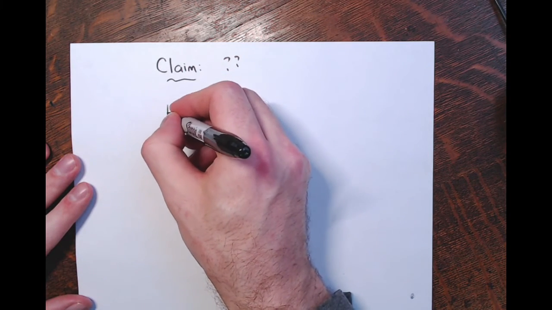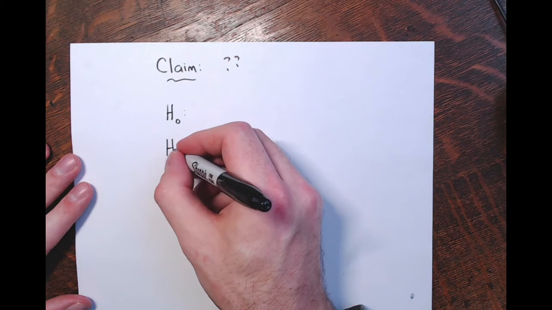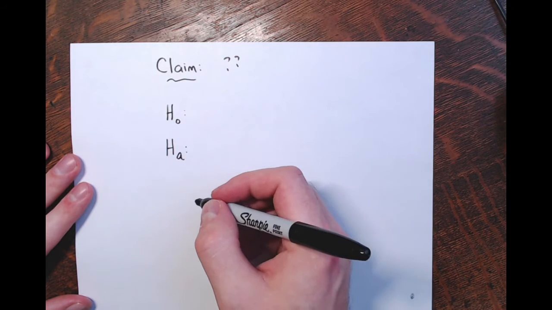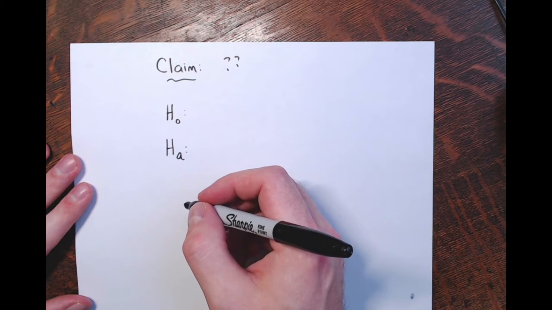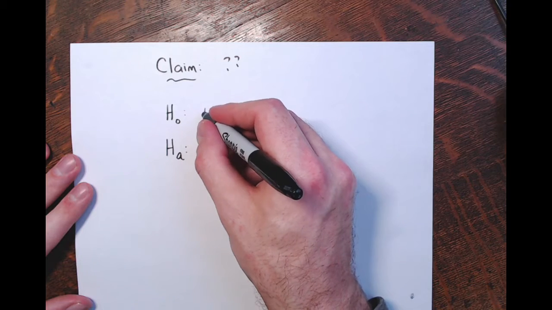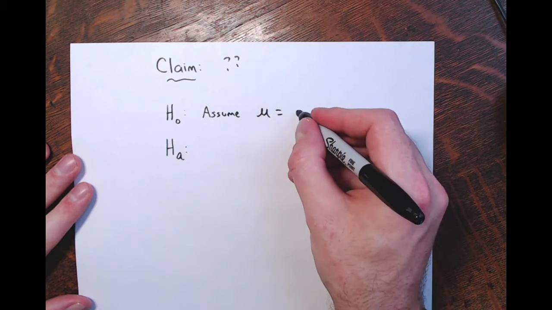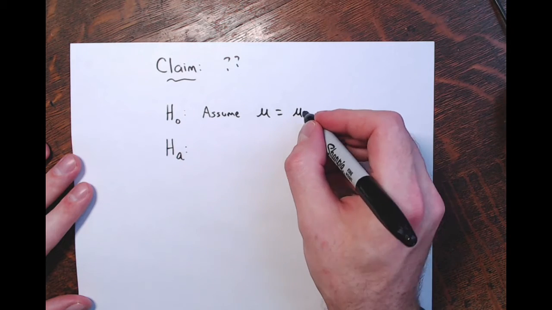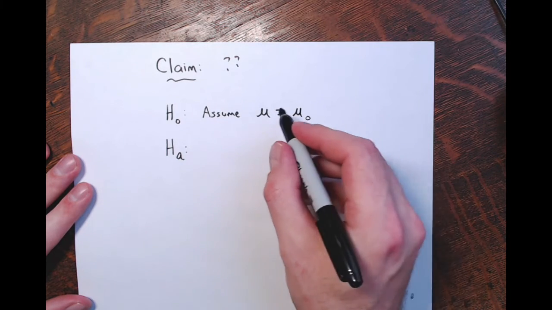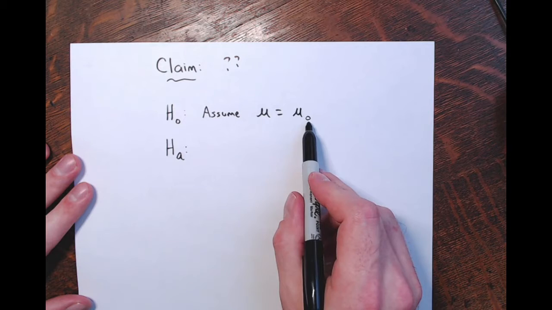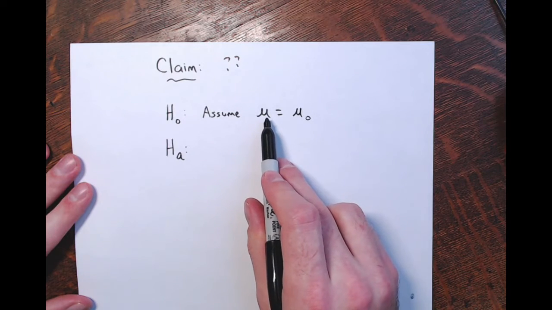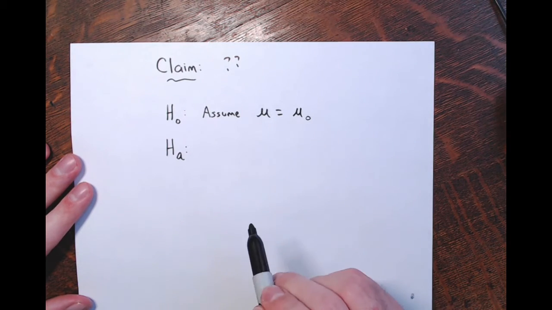From the claim you have your hypotheses, the null hypothesis and the alternative hypothesis. For the null hypothesis, we're going to assume that mu equals some mu sub 0, that the population mean is equal to some value.